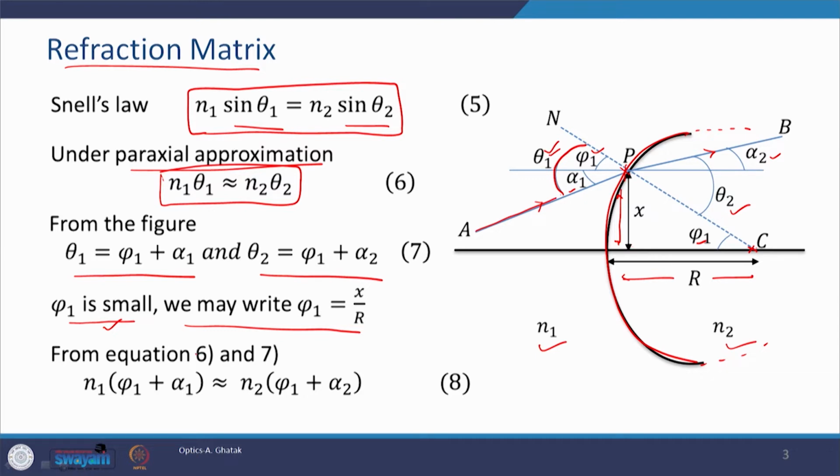Once these are known, then from equations 6 and 7, we can write n1 times phi 1 plus alpha 1 is approximately equal to n2 times phi 1 plus alpha 2, where we substituted for theta 1 and theta 2 from equation 7 into equation 6, and thus we get equation number 8.